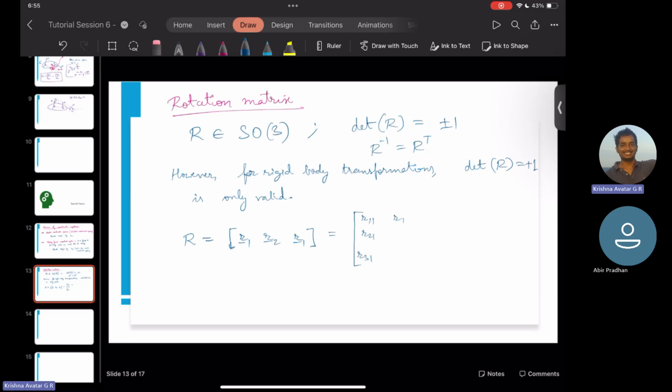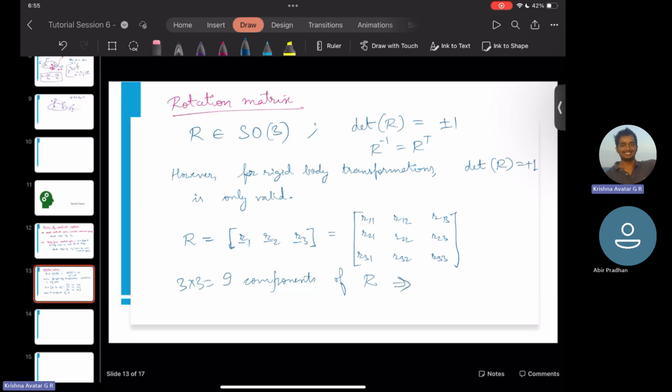For the R2 vector, we have R12, R22, R32. For the third vector, we have R13, R23, and R33. Okay. So these are the components of R, and we see that there are 9 components, which comes from 3 times 3 equals 9 components of R.